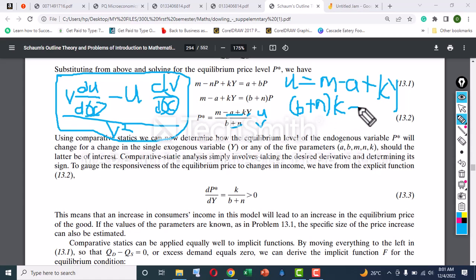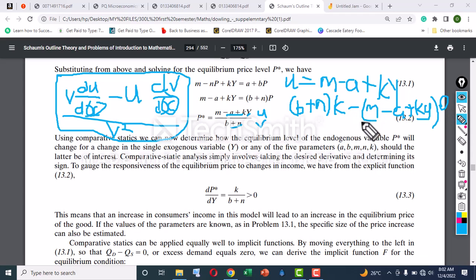Then minus, what's our u? Our u is the one up in this particular function, so m minus a plus ky. Sorry, trying to manage the space. Then times the differentiation of the one below, b plus n, with respect to y. Now there's no y here, so this is 0.